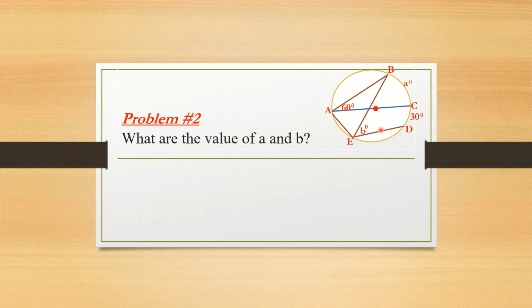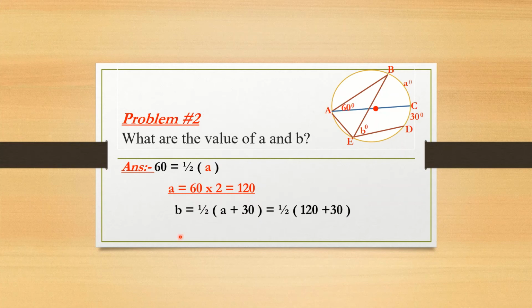We said an inscribed angle is half of the intercepted arc, which means 60 is equal to half of A. First we need to find A. Then A is equal to 6 times 2, using cross multiplication. So A is 120.